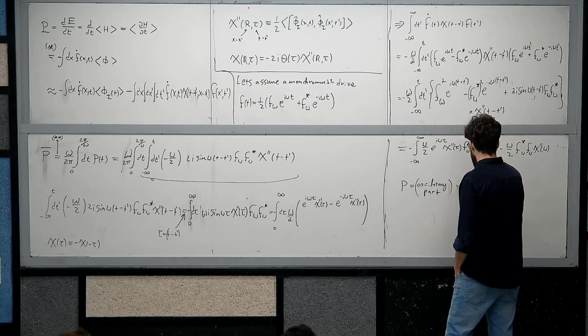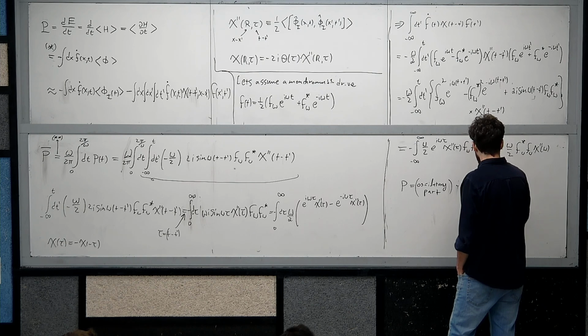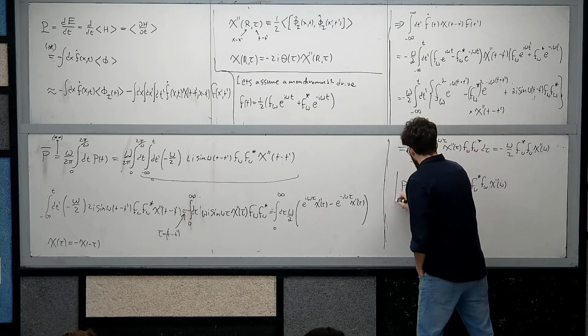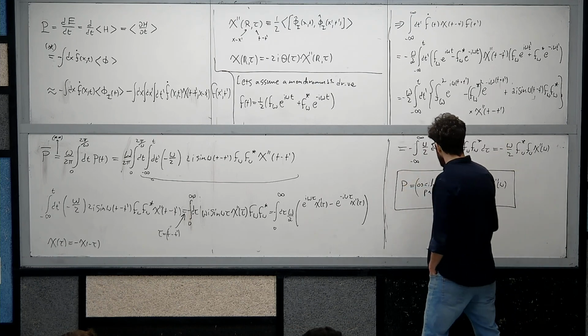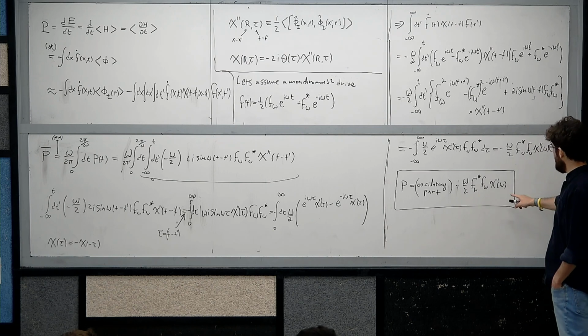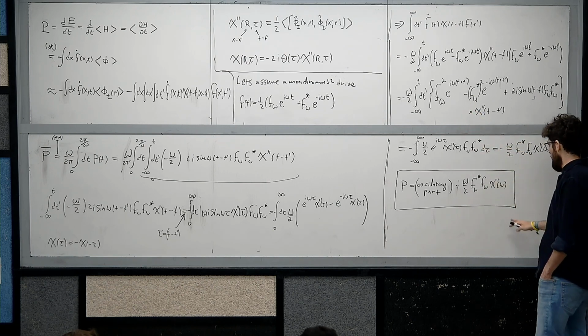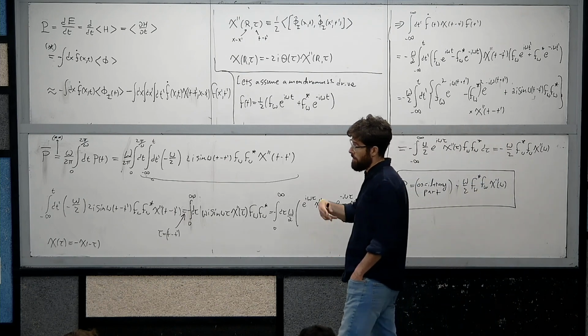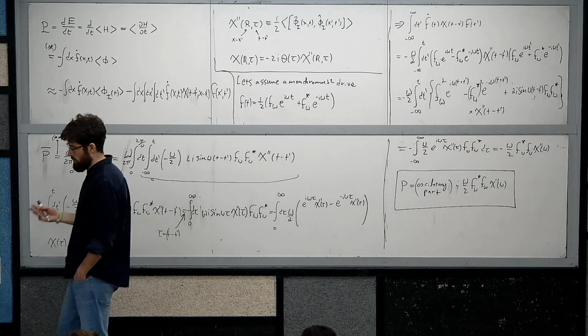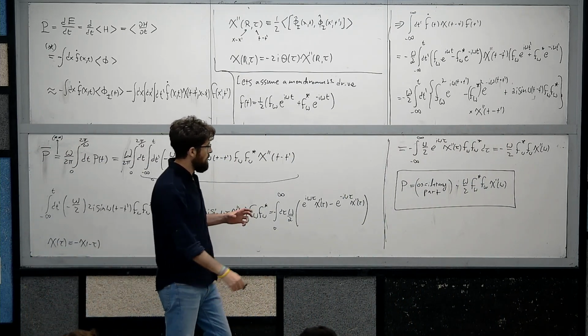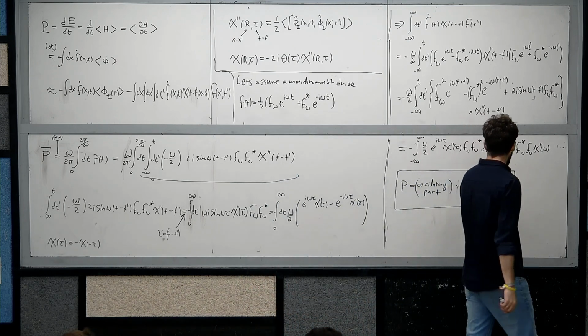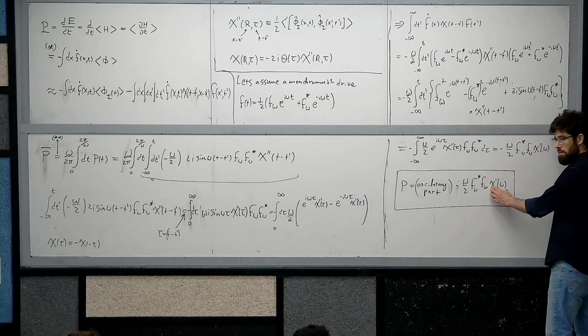It's like minus omega over 2 f omega star f omega chi double prime of omega. That's the end result. So what is this telling us? It's telling us that whatever this chi double prime is, which is this correlation function, it's actually the Fourier transform of this correlation function that dictates how much dissipation is in the system.